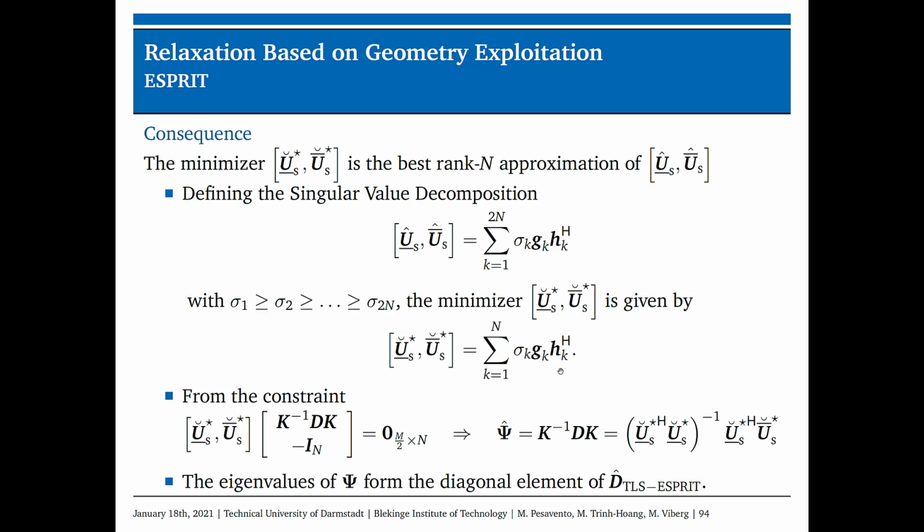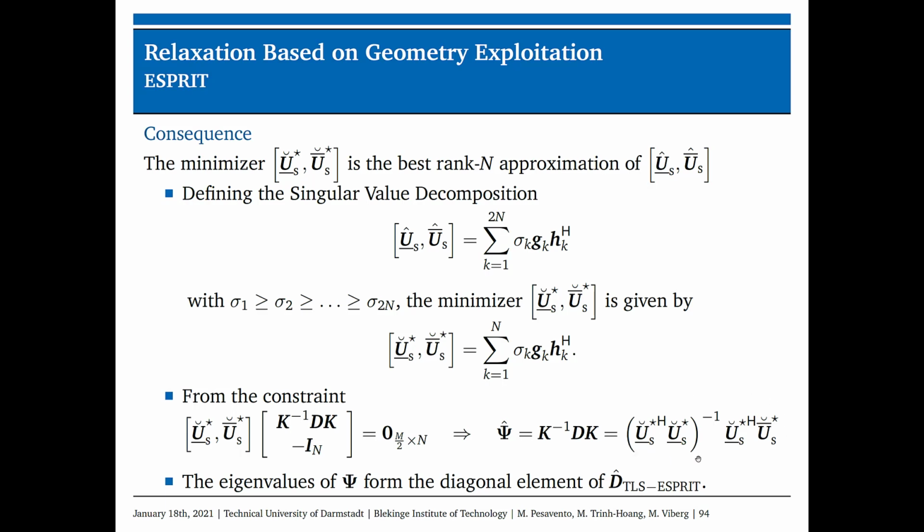With this, the solution for the inner optimization problem is given, and we can use the null space property to compute an estimate of a matrix psi hat, which defines the matrix product K inverse times D times K. This matrix product can be computed as a least squares solution provided over here.